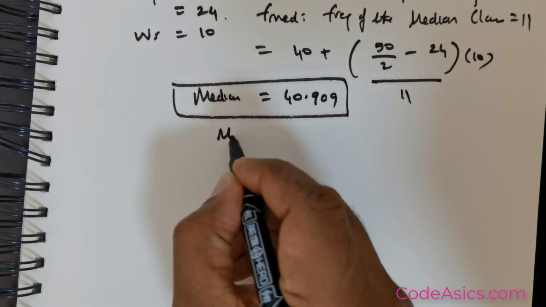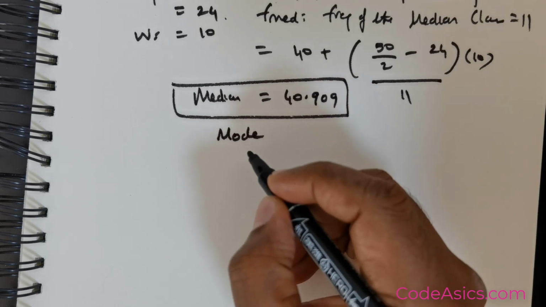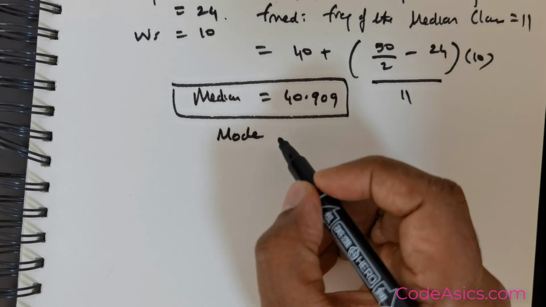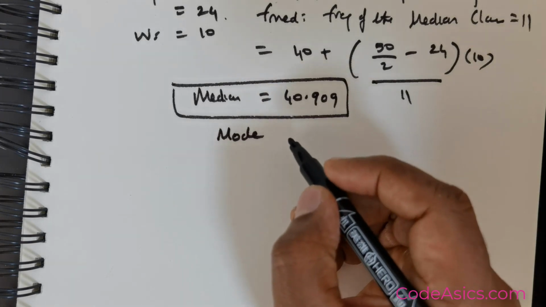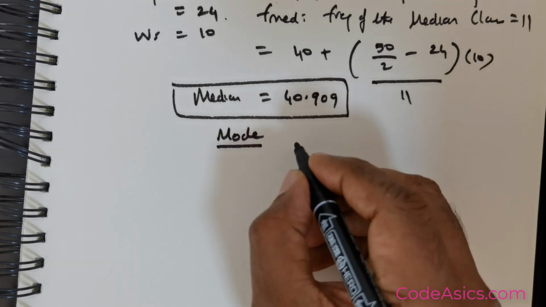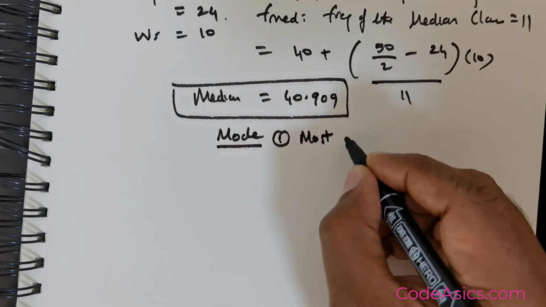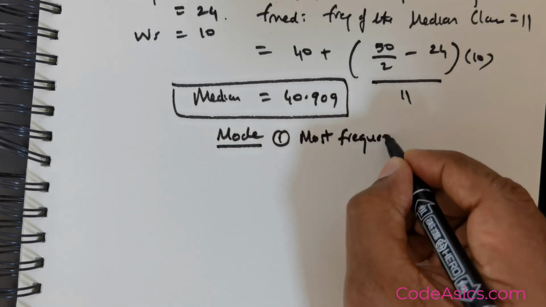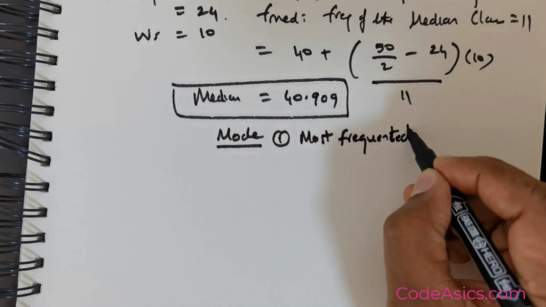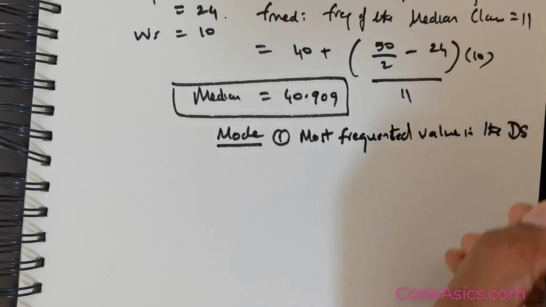I've already given the required lesson on mode, but in this class I will perform a brief review on mode, and I will also teach you how to get the mode of grouped data. So let me give the following characteristics of mode. Number 1, mode is the most frequented value in the data set.